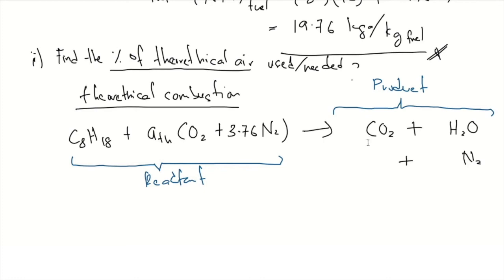So we're going to have X here, this one is Y, this one is P. For theoretical combustion, the amount of carbon dioxide in the product, you just put the number of moles of C from the right-hand side.